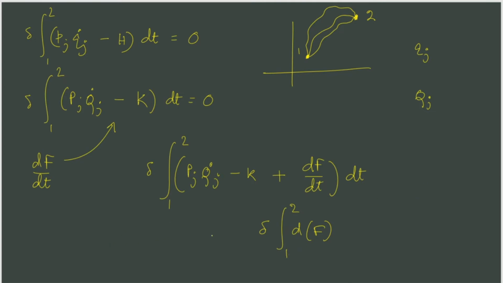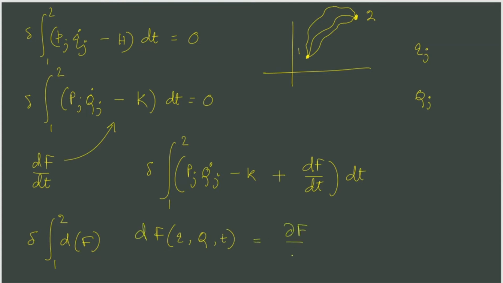Now let us suppose f is a function of small q, capital Q, and time. In that case, when we calculate df dt, or the d of f, that can be written in terms of the new coordinates, because that is what matters in this integrand.